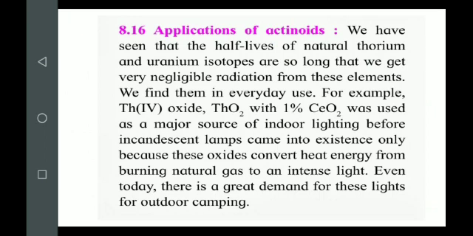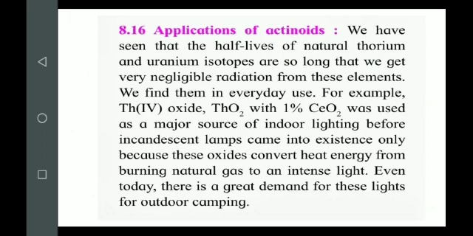Now, when you take 99% thorium oxide with 1% cerium oxide, you will get an incandescent lamp, which is a very good source of heat and light. Even today there is a great demand for these lights for outdoor camping. It was used earlier before the electric incandescent lamp came into existence, but nowadays we generally don't use these lamps.